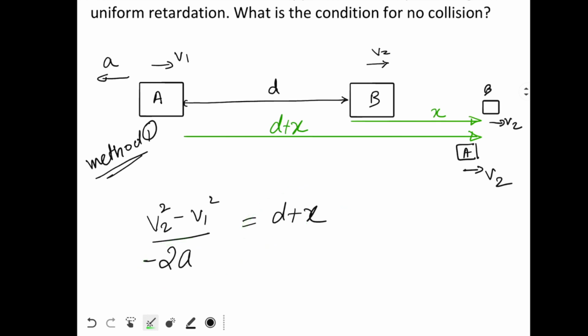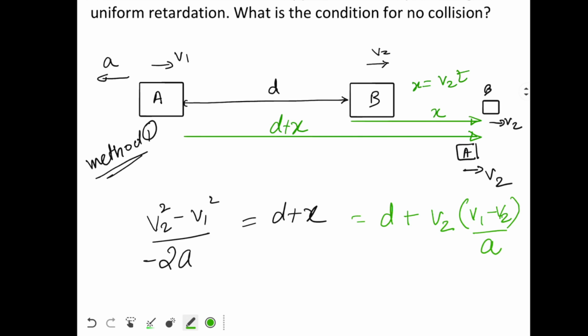Similarly, for car B, the distance x traveled is equal to v2 into t, where t is the time taken for car A to change its velocity from v1 to v2. So I can write d plus x as v2 into v1 minus v2 by a.